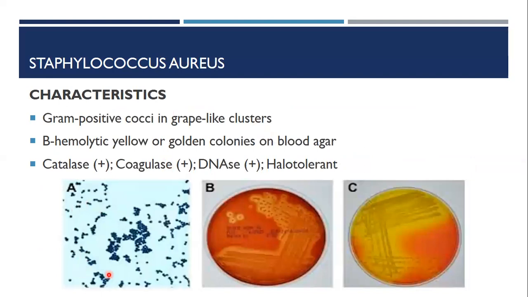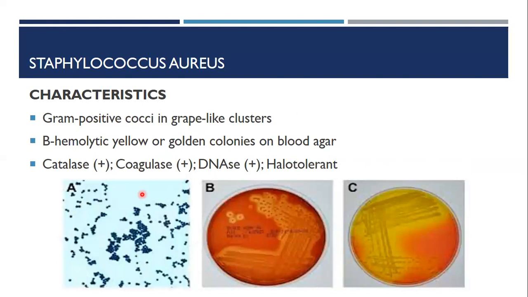Now, when shown only a gram staining reaction with no biochemical test, you should not be able to answer Staphylococcus aureus because there's no test done, unless you're given catalase-positive, coagulase-negative information. But when just shown a gram staining reaction and the question says, what is the bacterial morphology, you should answer only gram-positive cocci in grape-like clusters.